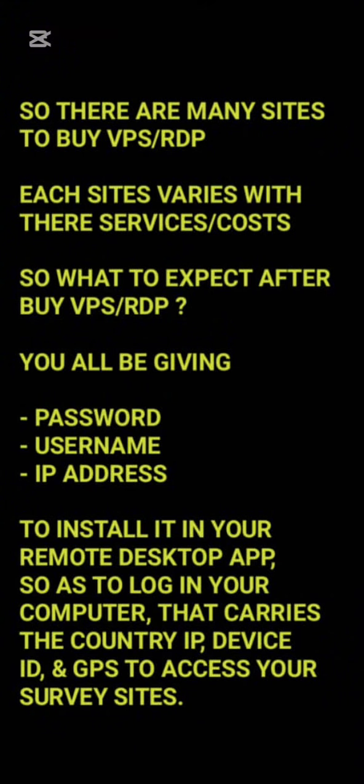That's the app I told you that you are going to be installing the VPS in. Just like I said, if you buy a proxy, you install it in a proxy app. Same thing, if you buy VPS, you install it in the VPS app. But this VPS, as I talked about, is the Windows app for Android and the Windows app mobile for iOS device.